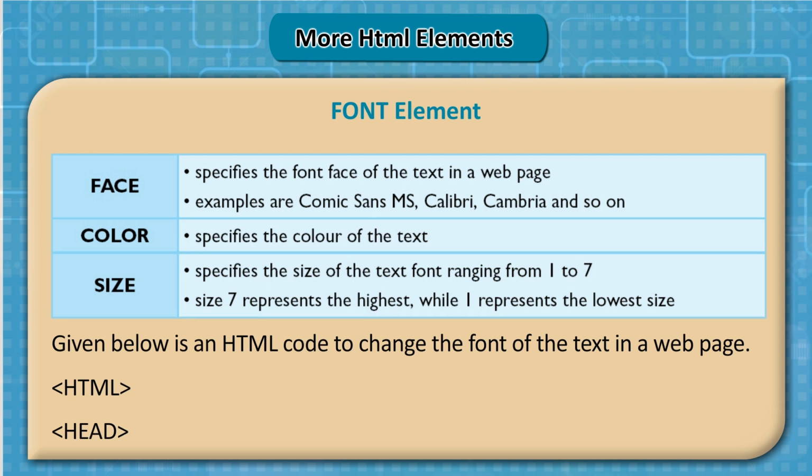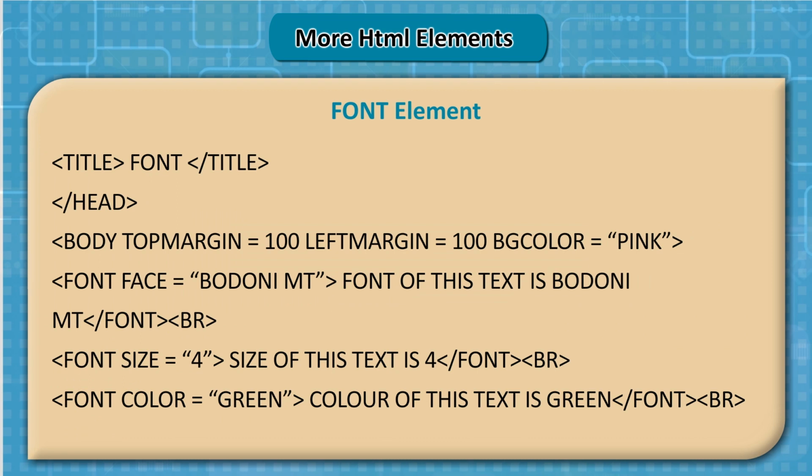Given below is an HTML code to change the font of the text in a web page. HTML. Head. Title font /title. /head. Body top margin 100, left margin 100, color pink. Font face Bodoni, font of this text is Bodoni /font, br.